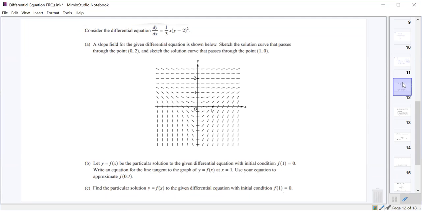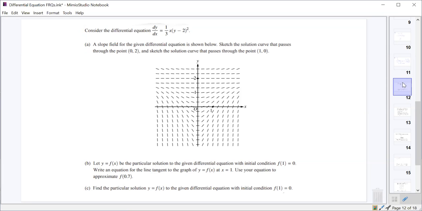And the other 2 parts should be pretty quick and easy, as they are for all of these differential equation ones that involve slope fields. But the majority of the points will come from finding the particular solution given the initial condition. So if you have to focus your time on something, maybe focus on that one. If you're short on time, knowing that can give you the most points.